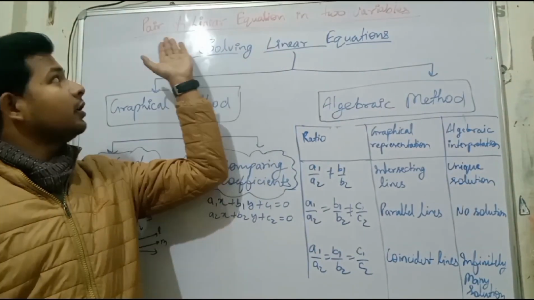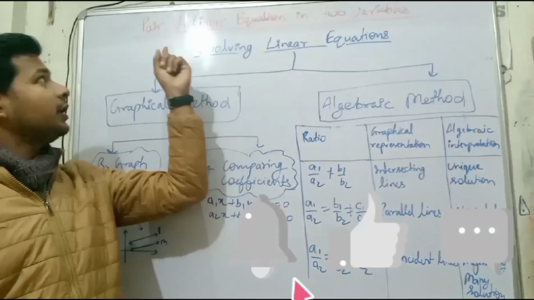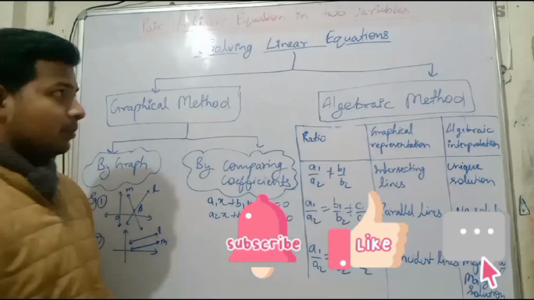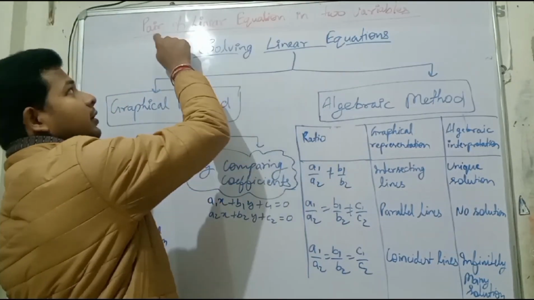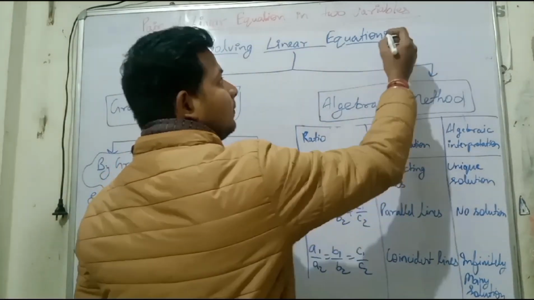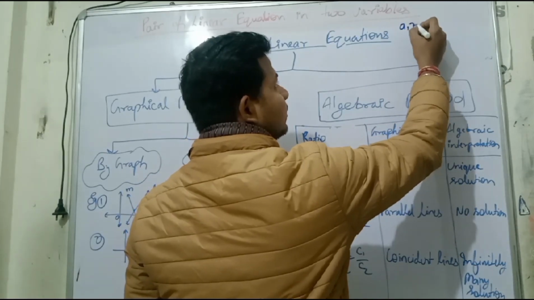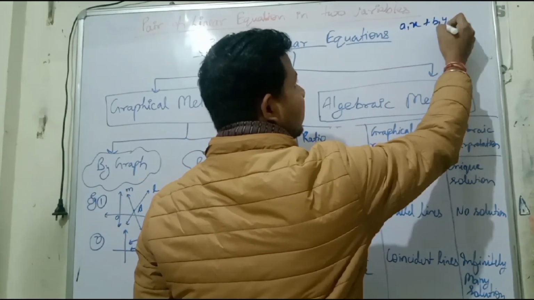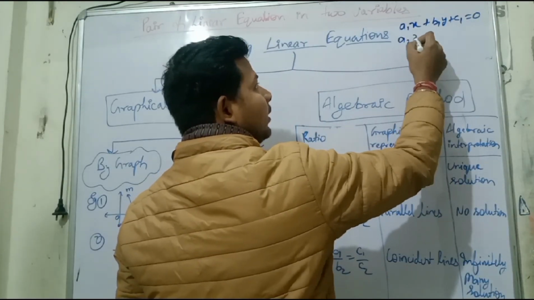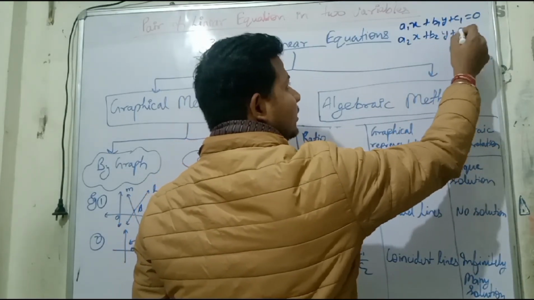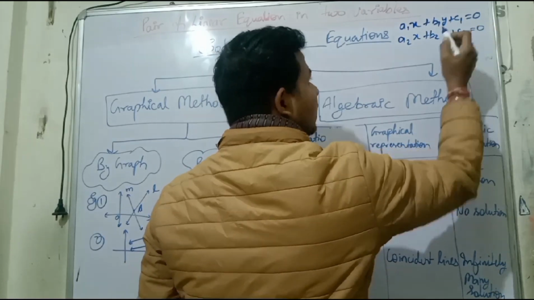Now we have to understand what is the meaning of the chapter, that is pair of linear equation in two variables. That means we will get linear equation in two variables but in pair. Let's say the first linear equation will be a1x plus b1y plus c1 equals to 0. Now the second will be a2x plus b2y plus c2 equals to 0.